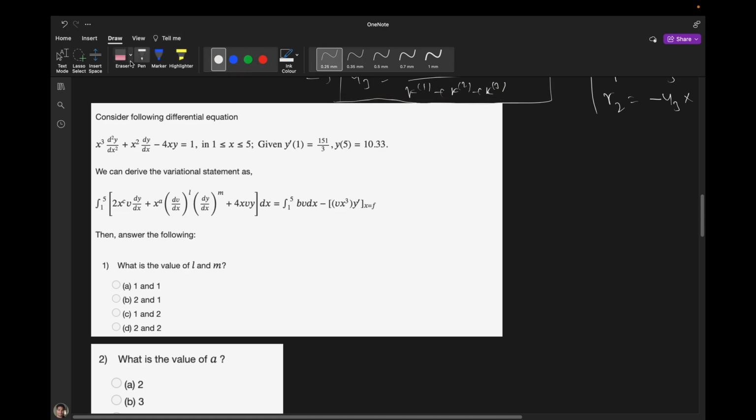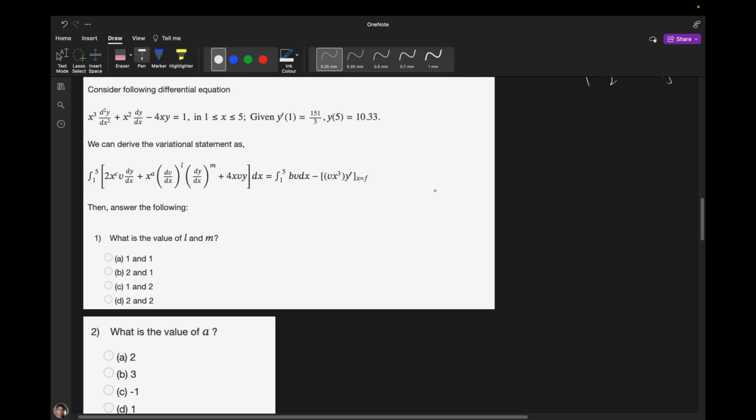So what is the variational statement? It will be the integral of v times x cube y double dash plus x square y dash minus 4xy minus 1 dx equal to 0.